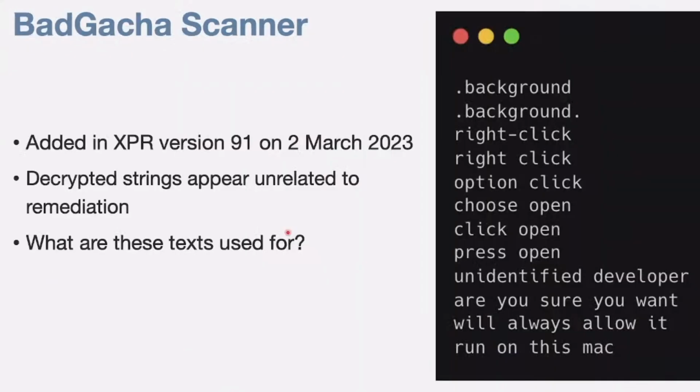Next up is the Bad Gadget scanner. Its decrypted strings do not seem related to remediation, such as right-click, option-click, and click-open. So what are these useful for? As it turns out, it's related to the malware I mentioned at the beginning of this talk.